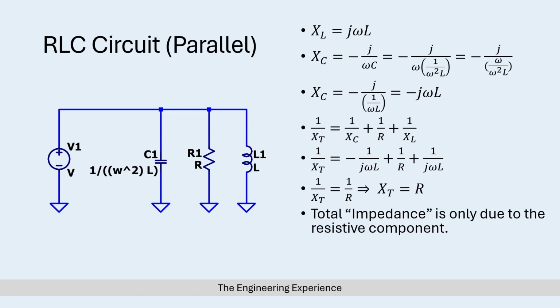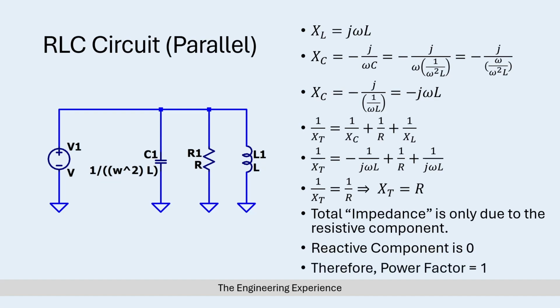The resistive power dissipation is equal to the reactive power dissipation in this circuit after introducing the capacitor. So reactive power is 0, therefore the power factor is equal to 1. And obviously the same explanation stands that I showed you in part A. This is the solution to the question that's being asked of us here.